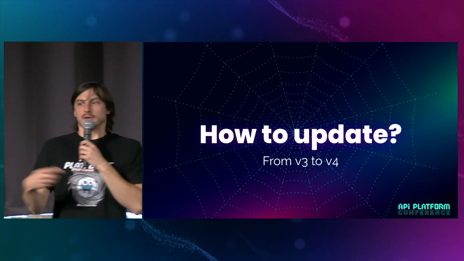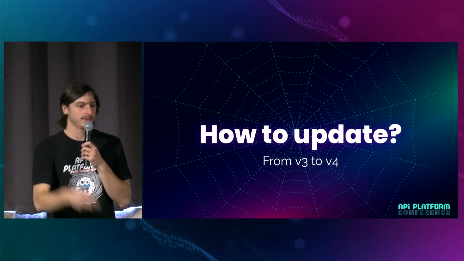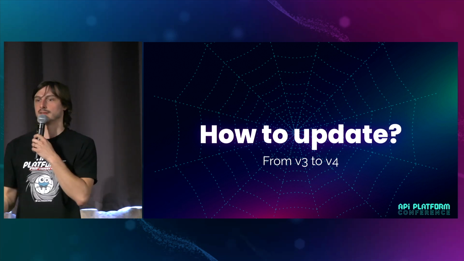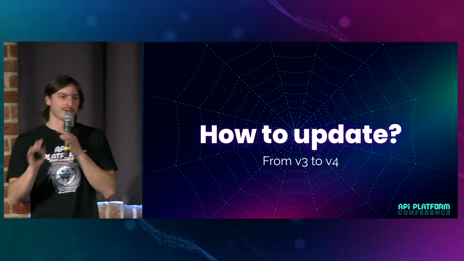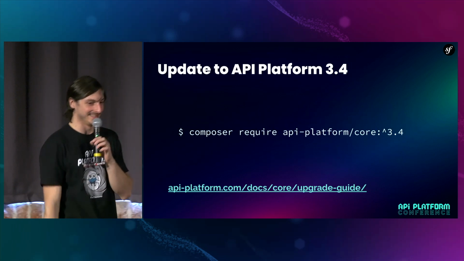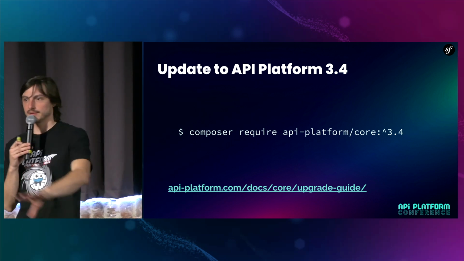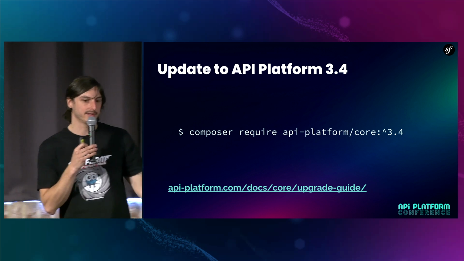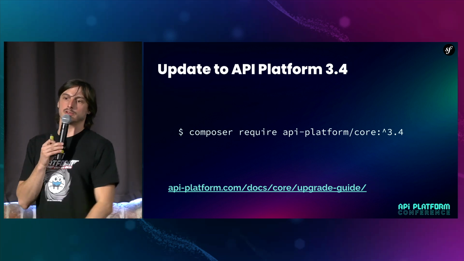Now, the last part of this conference is how to update from version 3 to version 4, because yes, this morning 4.0.0 came out. Don't worry, it's not like 2 to 3, not a big deal, really, it should be quite easy. First thing, for all the Symfony users, you need to require API Platform core 3.4.